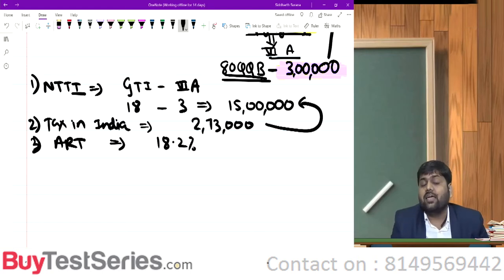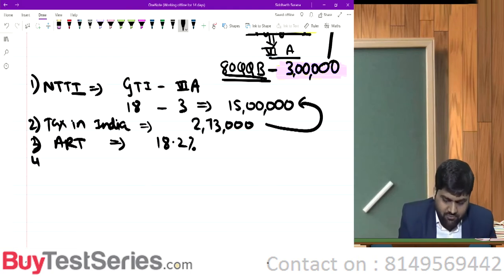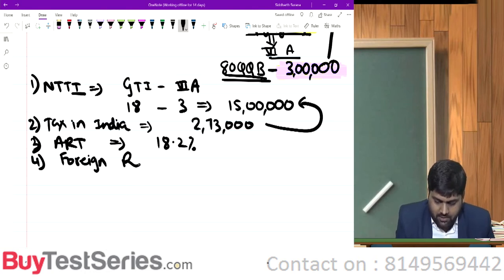That means everything has been taxed at 18.2% including Indian and foreign income. As far as Indian income is concerned, you have to pay tax only in India. So no relief. We will give you relief only on your foreign income. And for that, we will compare your Indian rate with your foreign rate.